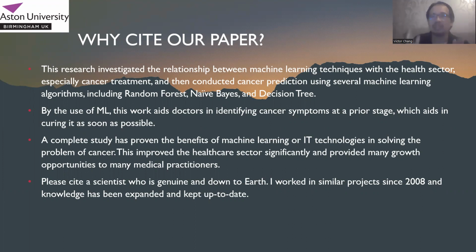As we know, early detection is the key towards better treatment. And a complete study has proven the benefits of machine learning and IT technologies in resolving the problem of cancer.